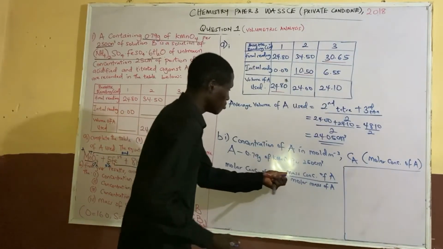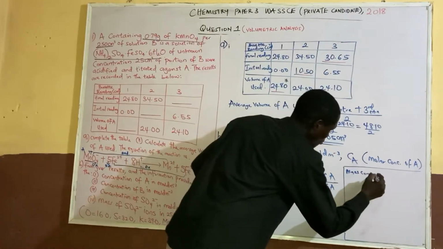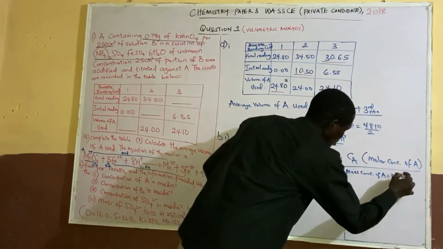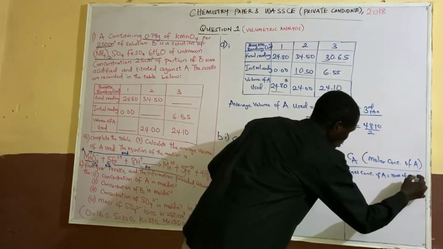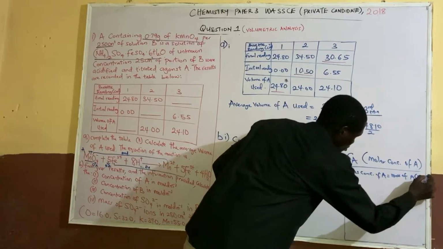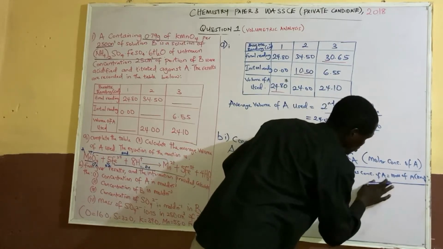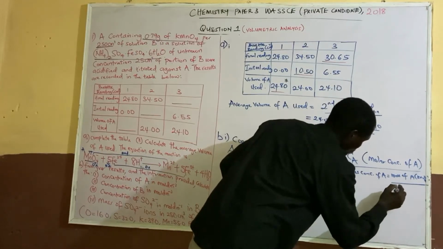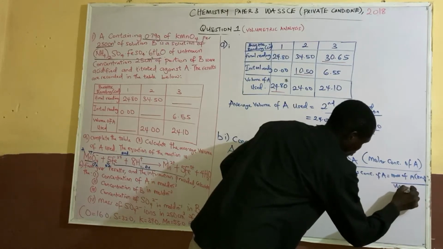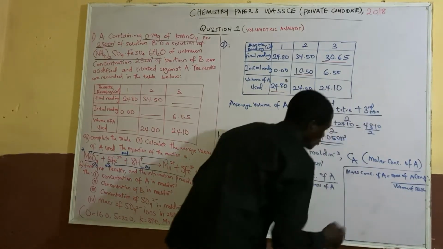So let's calculate the mass concentration of A. The mass of A, which is KMnO4, all over the volume of solution.